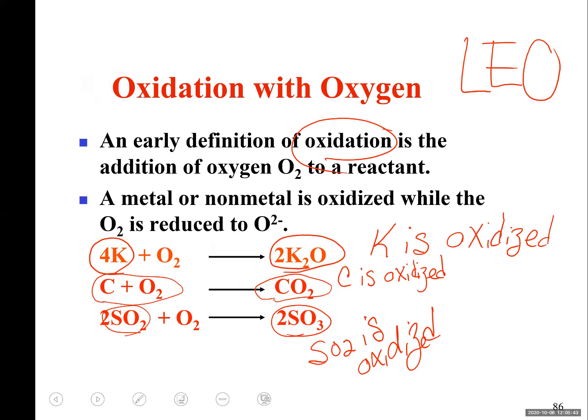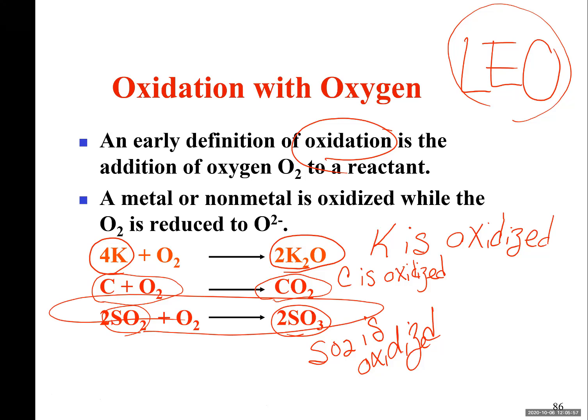You can prove it's really loss of electron, but it's an easier way of looking at the appearance of oxygen in the equation. You say the starting materials, SO2, C, and K, are adding oxygen. The product has more oxygen than before. Then we say that reaction is oxidation.